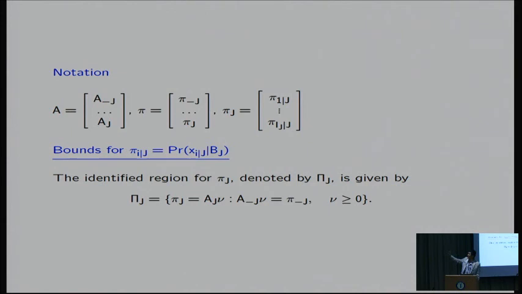So the prediction region would be simply characterized by this set, which says that except for the last one, pi sub minus J is the observed choice probability, and you just collect all the potential pi sub capital J consistent with the observed choices.